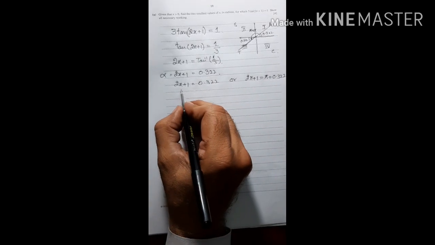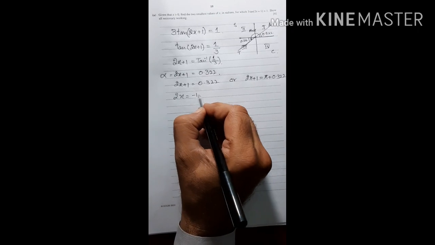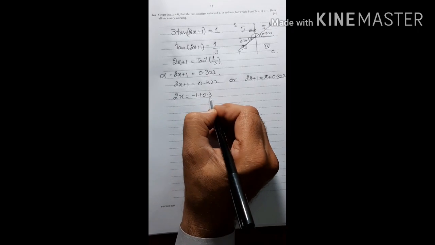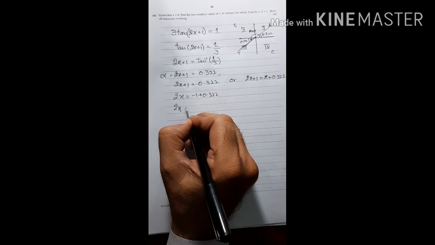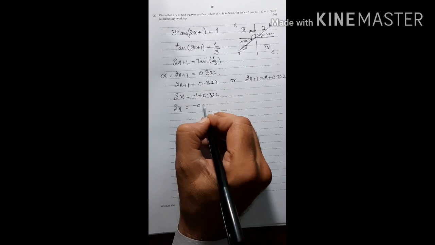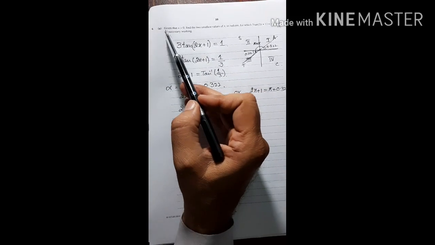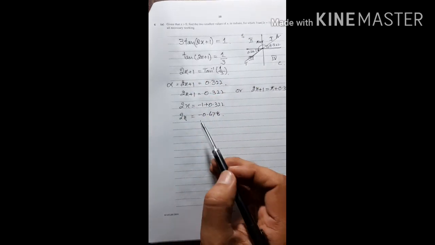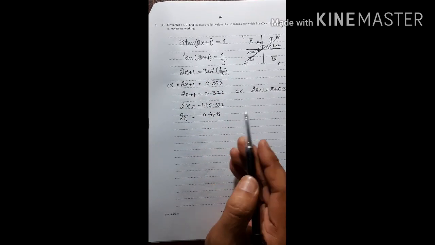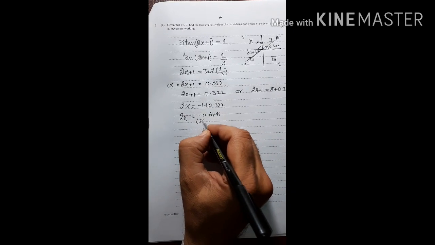So this will become 2x is equal to minus 1 plus 0.322, or 2x is equal to minus 0.678. As you can see at the start of the question, x is greater than 0. Here x is less than 0, so we'll ignore this value.